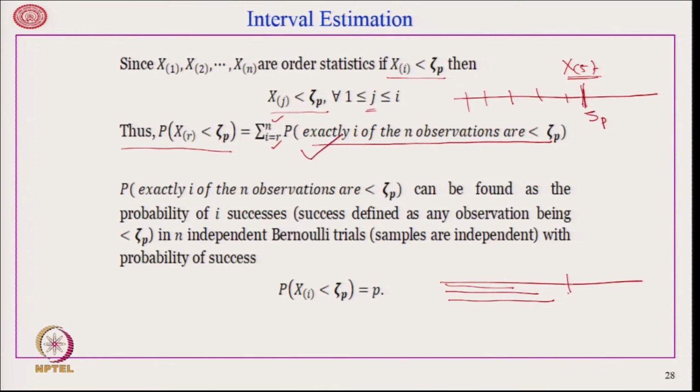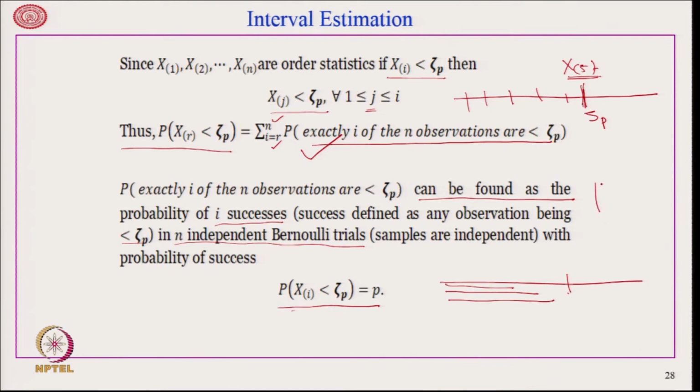Therefore, the probability that exactly i of the n observations are less than zeta p can be found as the probability of i successes, where success is defined as any observation being less than zeta p, in n independent Bernoulli trials with probability of success P(X_i < zeta p) equal to p.